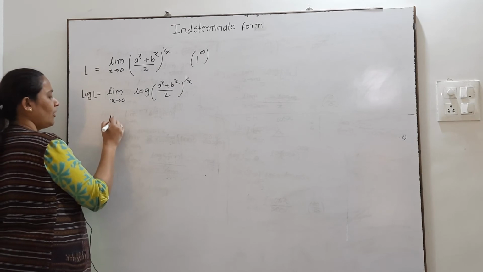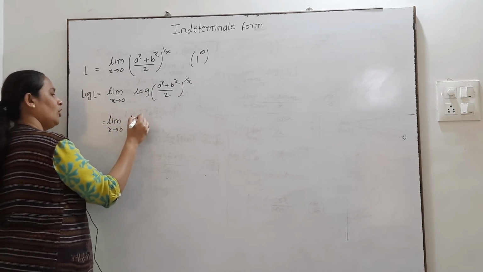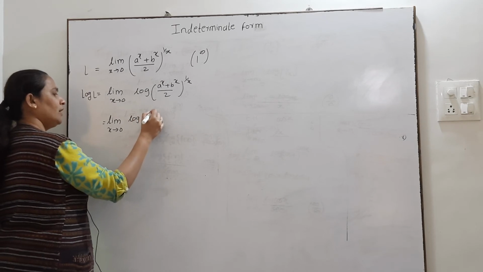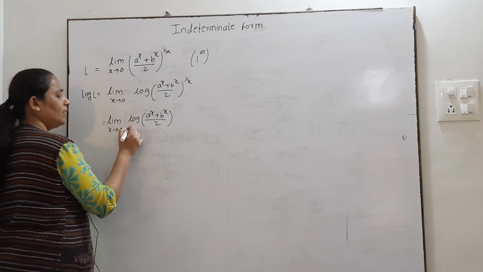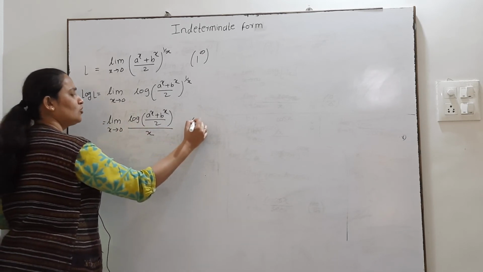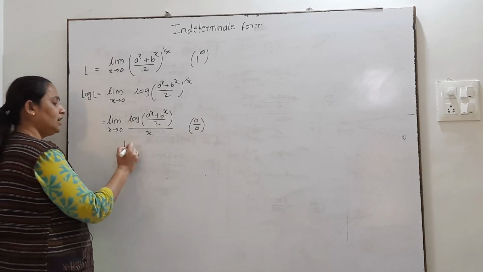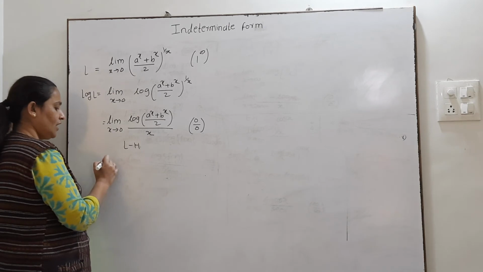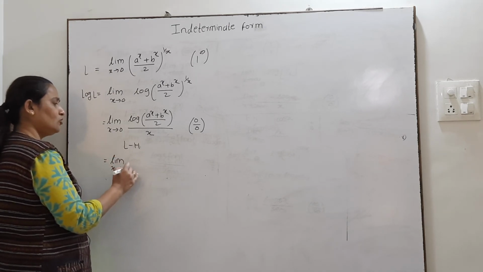Use rules of logarithm. This will be limit x tends to 0 of log of a raised to x plus b raised to x upon 2, into 1 upon x. I can say upon x. Apply limit as x tends to 0. This is in the form of 0 by 0 where L'Hospital's rule is applicable. If I apply L'Hospital's rule, you will get limit x tends to 0.